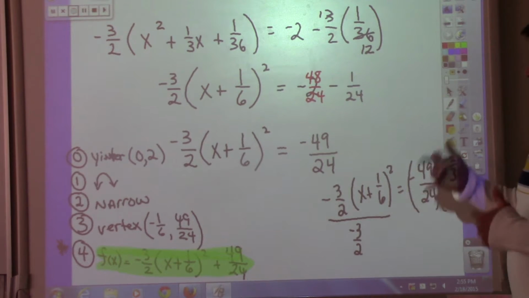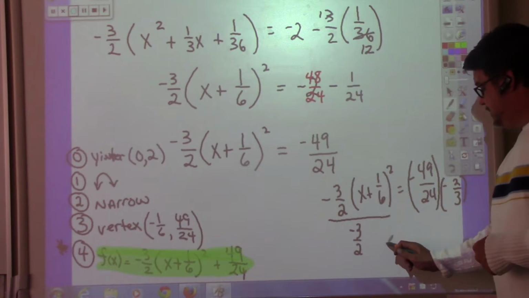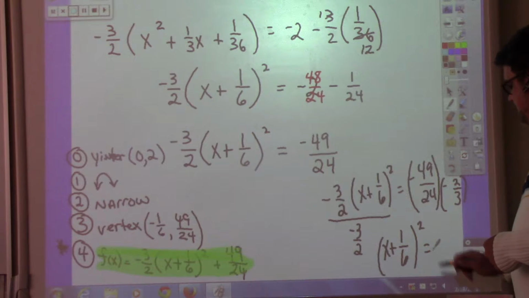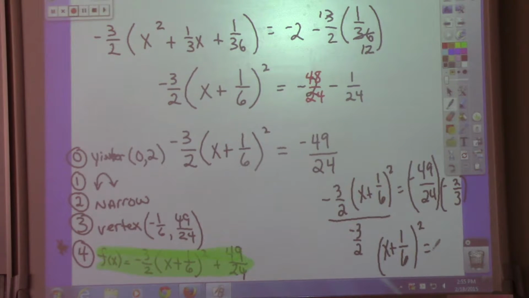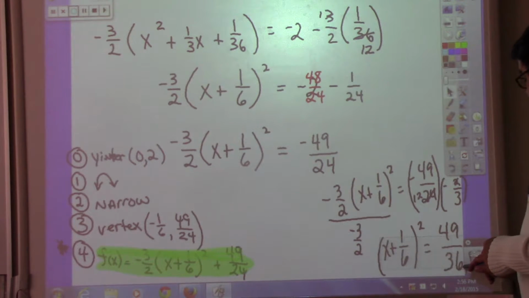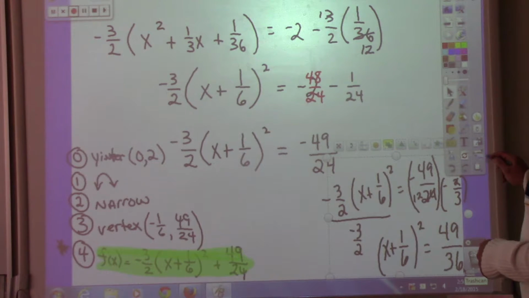So you got (x plus 1/6) quantity squared is equal to 49 times 2, or we could cancel. That'd be a 12, right? It does come out to be nice. No, 36. Yay! So that'd be 49 over what? And why did I say yay? Both of them are perfect squares. I didn't expect that to happen. Oh well, let's take it.